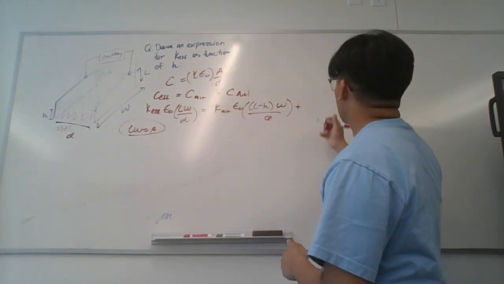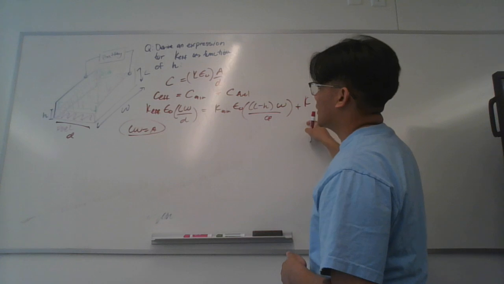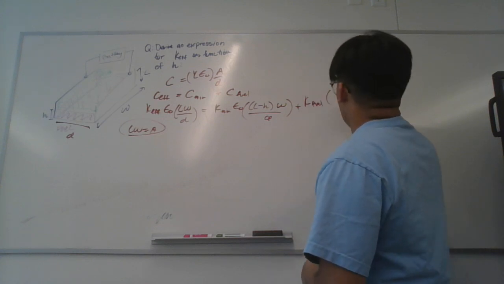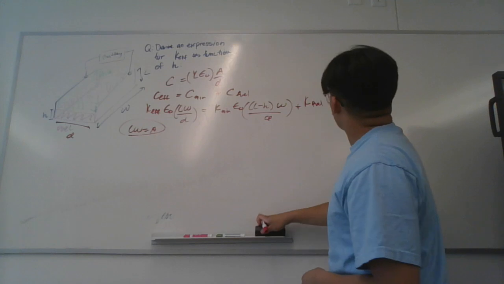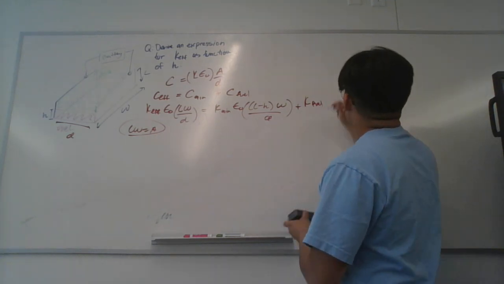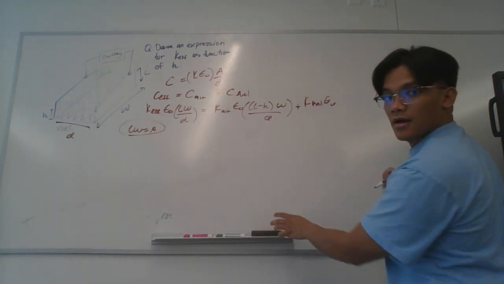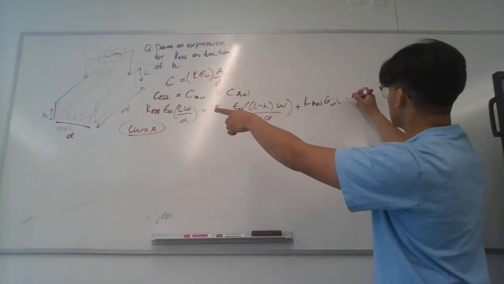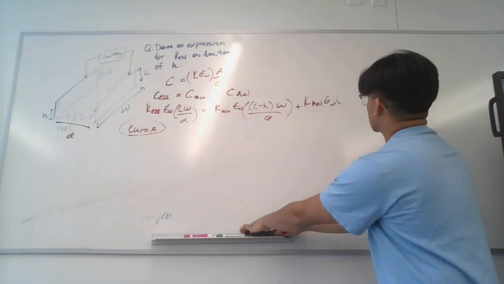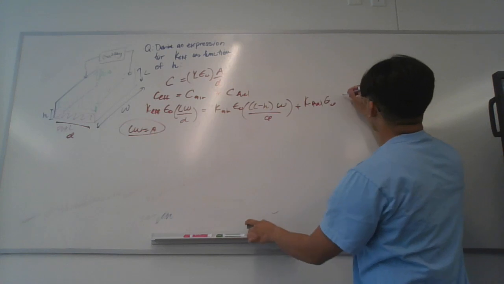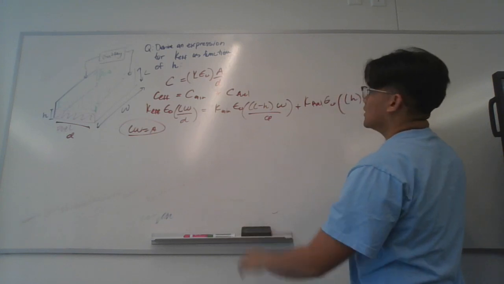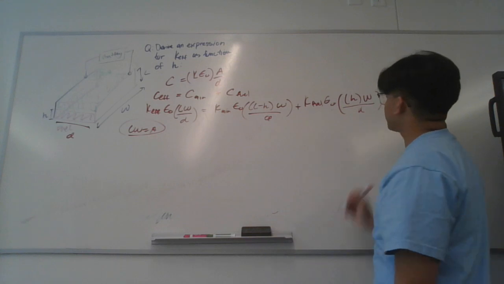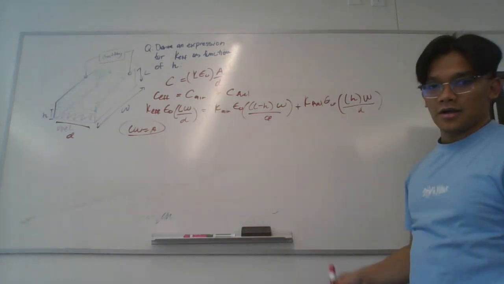So it's K fuel times epsilon naught multiplied by the length, which is just H. H times the width all over D. Cool, so now we have all of this.